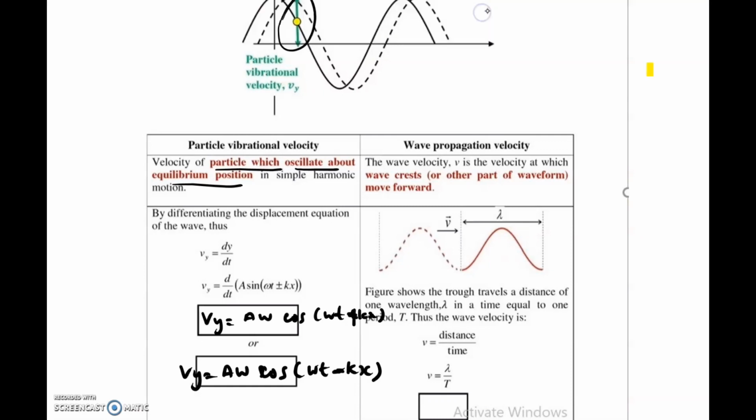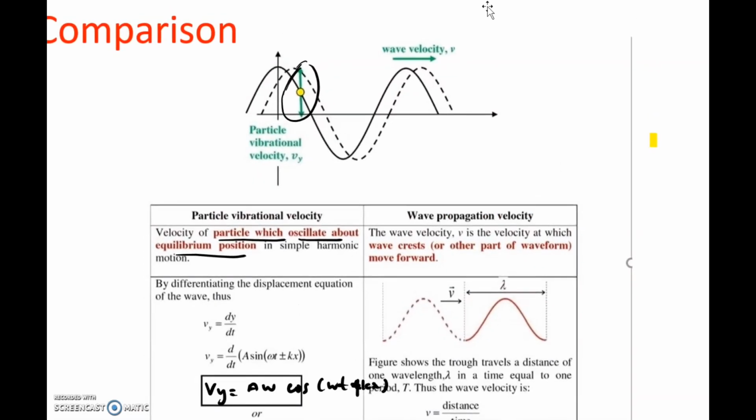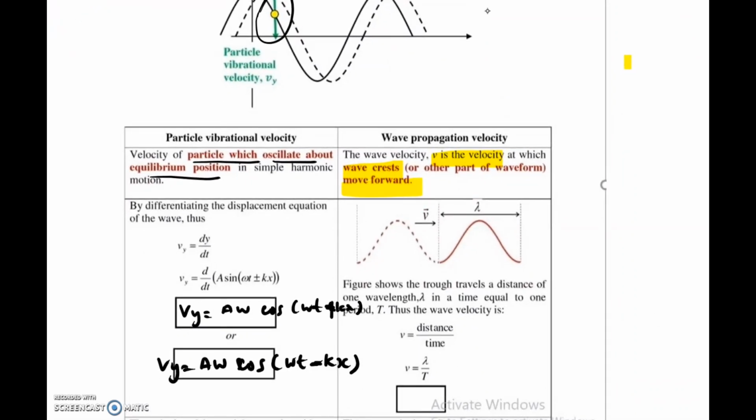So then we will have the wave propagation velocity. The wave propagation velocity v is the velocity at which the wave crest or other part of the waveform moves forward. The figure shows the trough travels a distance of one wavelength in a time equal to the period.